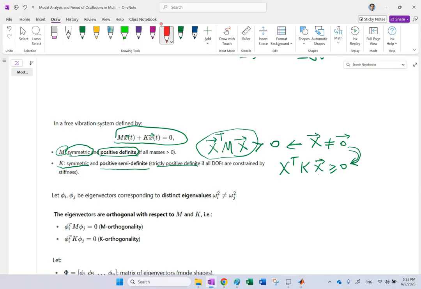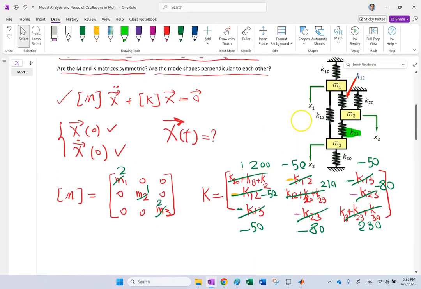This is if all DOFs are constrained by stiffness. So all of the DOFs should be constrained by some stiffness. And if you look at here, that's the case. If you look at all DOFs, they are attached to the ground and there are even springs between them. So this K is absolutely positive definite.